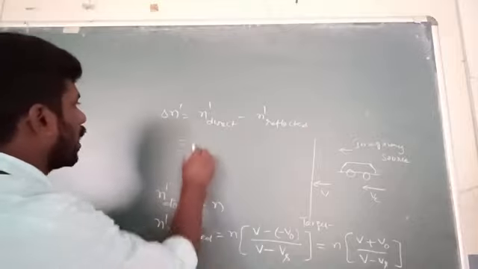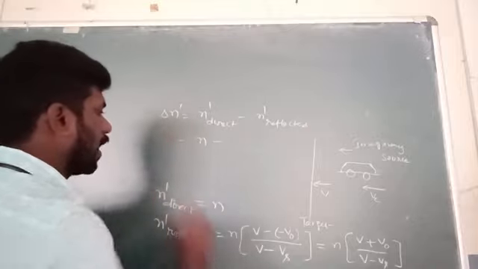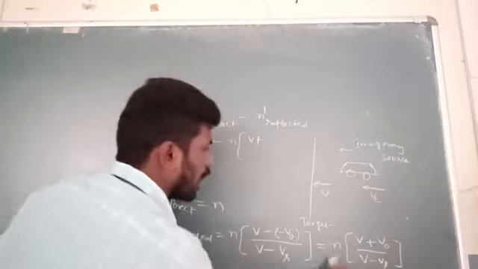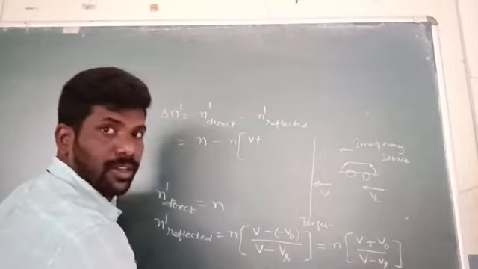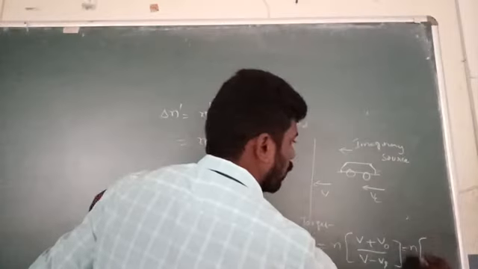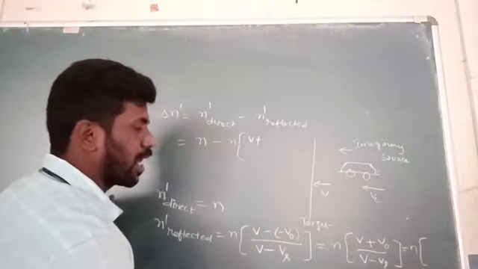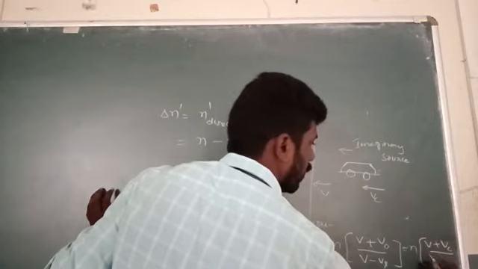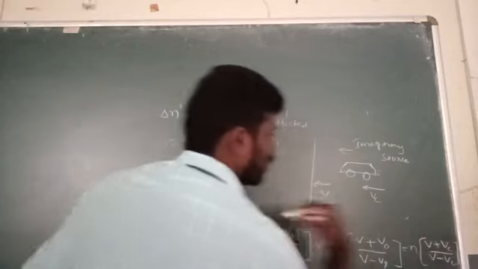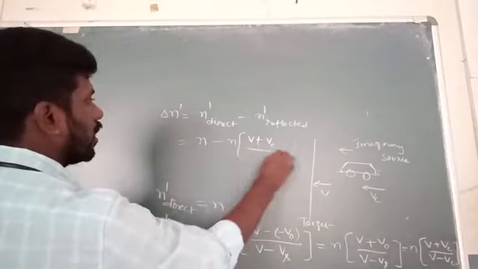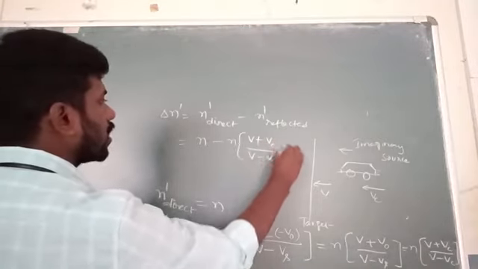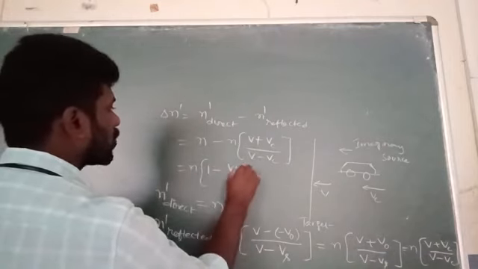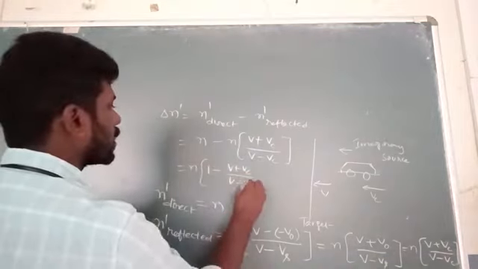N dash direct is the same as the original frequency n, minus n into V plus V naught over V minus Vs. Here substitute observer and source traveling with the same velocity, that is the velocity of the car, VC. So V plus VC by V minus VC. Combine the n: n times 1 minus V plus VC by V minus VC.